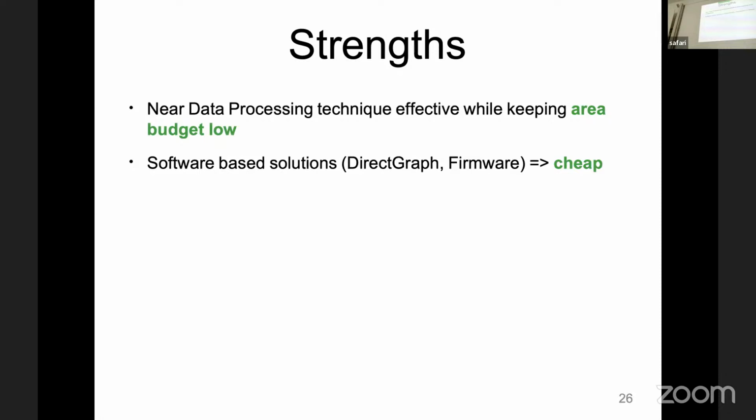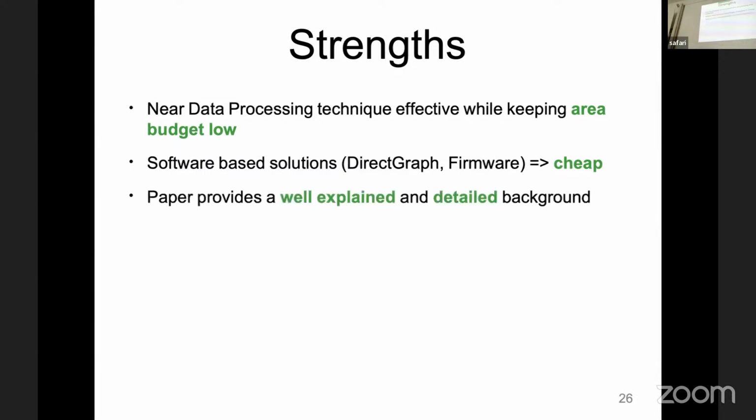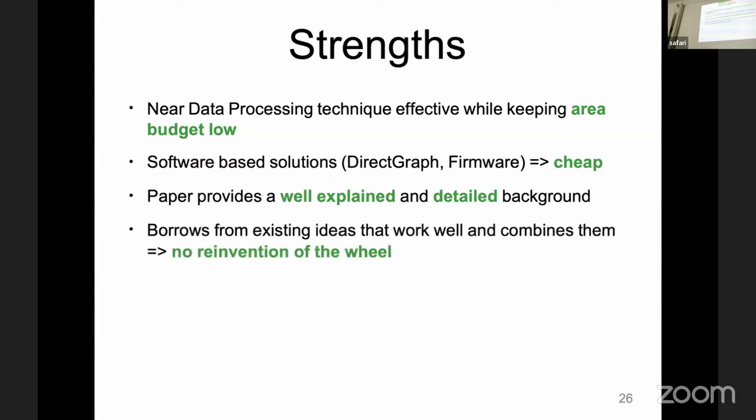If one would try to implement this hardware, it will be cheaper to produce, because yeah, software doesn't cost anything. The paper provides a good explanation of why the challenges arise for the SSD architecture, and gives good background knowledge about how the SSD works. And they also use key ideas from previous works, which means they don't reinvent the wheel entirely and can benefit from previous research.